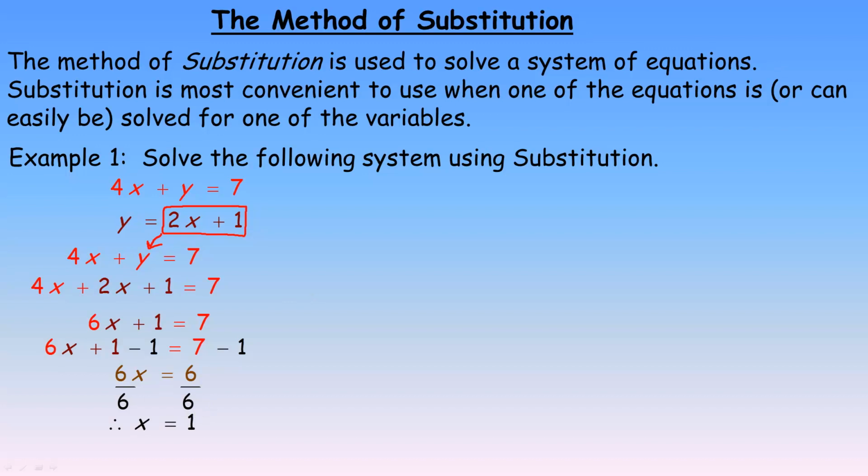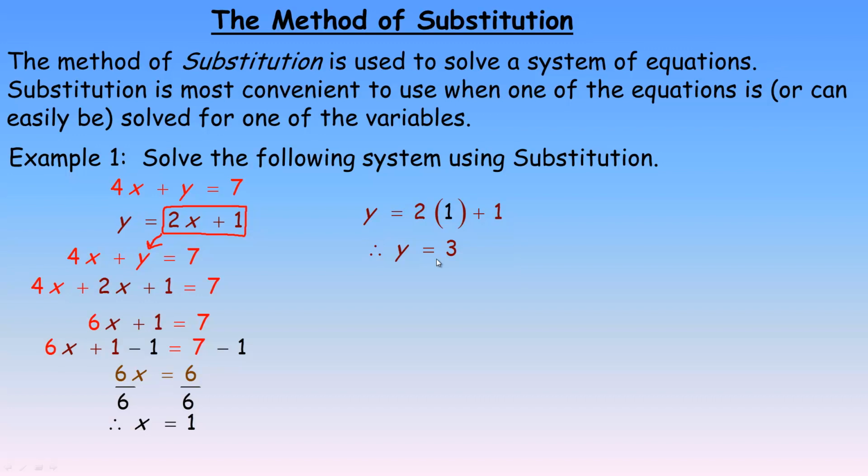Now that I know what x is, I want to use that to find what y is. So I'm going to take this second equation, and I'm going to substitute the 1 in place of x here. So y would equal 2 times 1 plus 1. And 2 times 1 is 2, plus the 1 gives us 3. So it looks like x is 1 and y is 3.